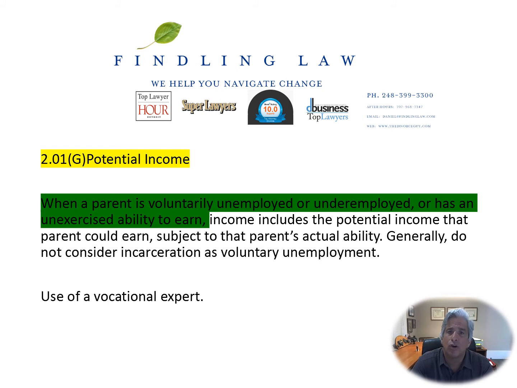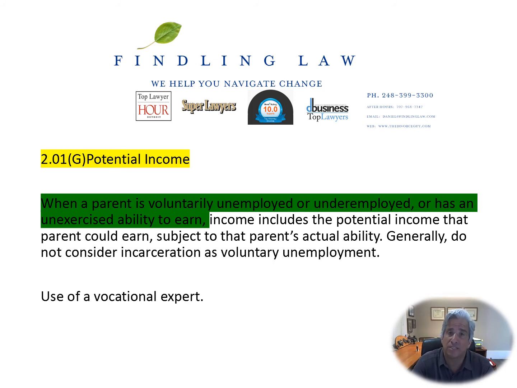That is somebody who's qualified in maybe interviewing an individual and determining the types of employment and the income available to that individual. It is oftentimes, in fact, I might say more often than not, very important to employ a vocational expert to help support the notion that your spouse is not working because they don't want to, or is choosing to work at a position that they're not qualified to do, and therefore we should impute more income to him or her.